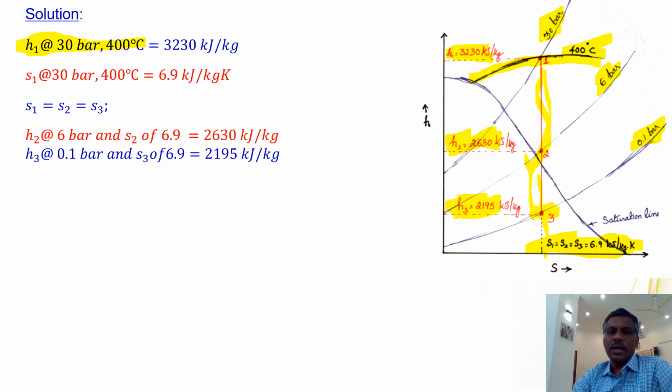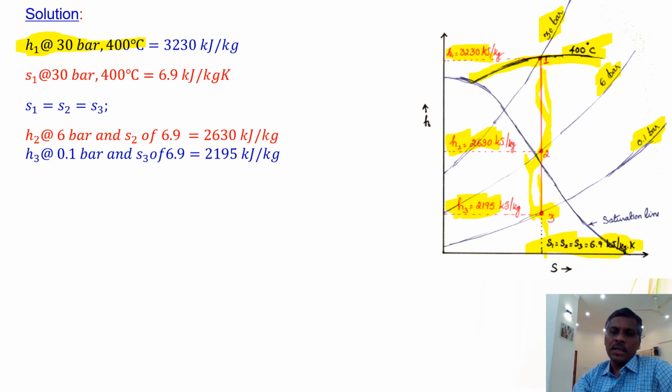H3 you can find out as 2195. These three values, H1, H2, and H3, you try to take using the Mollier diagram. That will be very easy, and without any confusion you can straight away calculate it. Other points, because you have to calculate H4, H5, H6, and H7, other 4 points you have to calculate.